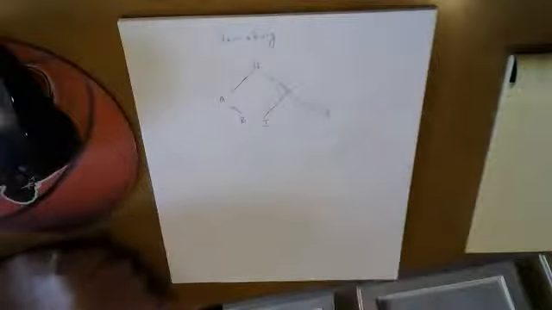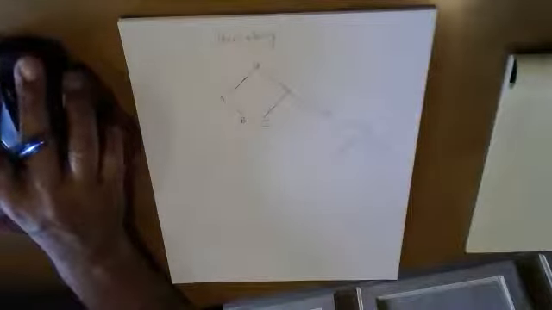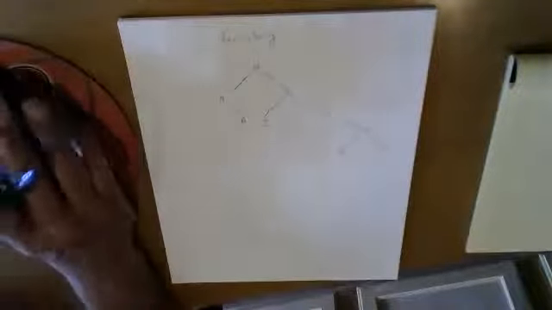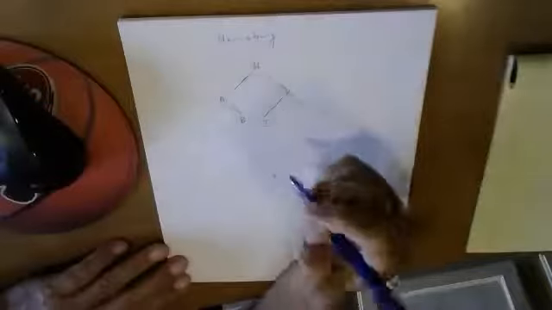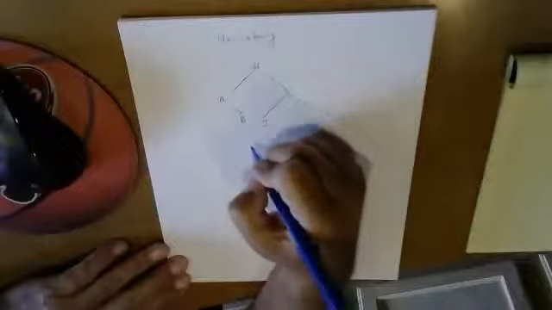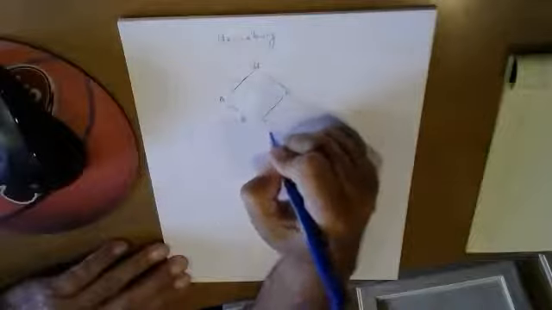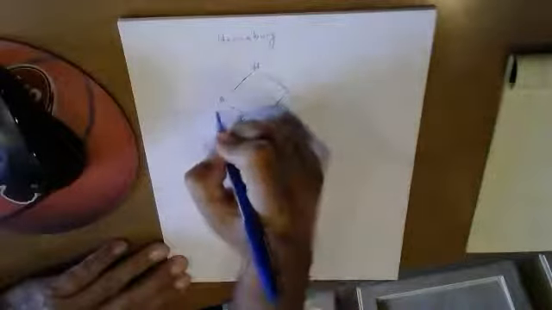No. Go down to S and then left of S. Got it. And finally, G. It goes to the right of B. I didn't give myself much room. G. Okay. So that and that and that.